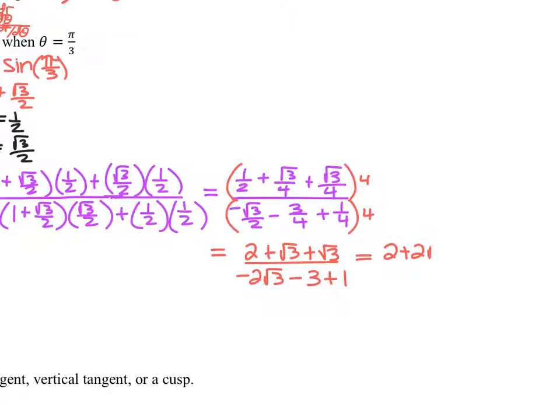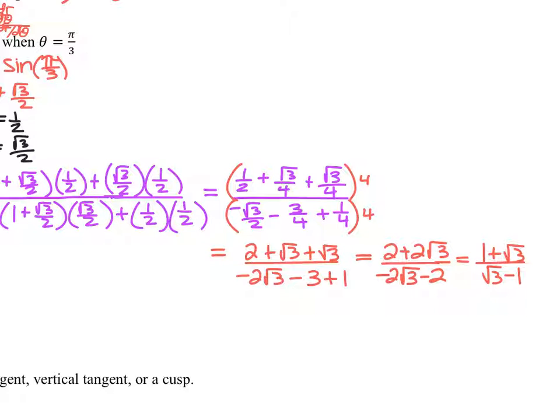Two plus 2 root 3 over negative 2 root 3 minus 2. Well, it's all divisible by 2, so might as well. 1 plus root 3 over negative root 3 minus 1. And then if I felt like rationalizing the denominator, I could torture myself even more, I guess. I don't want to do that, so I'm not gonna.